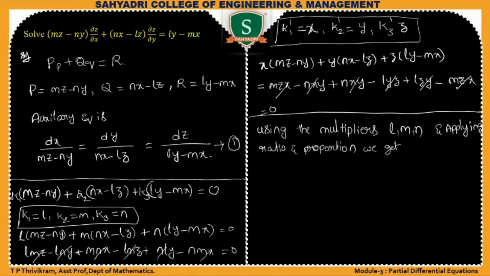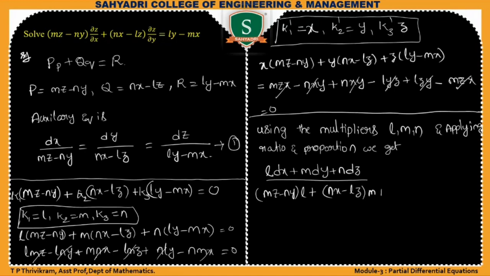Okay, so we'll get, all these multipliers you have to multiply with all the numerators and add all the numerators. So that means l dx plus m dy plus n dz divided by mz minus ny into l plus nx minus lz into m plus ly minus mx into n.